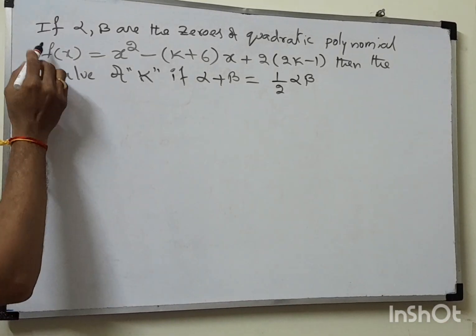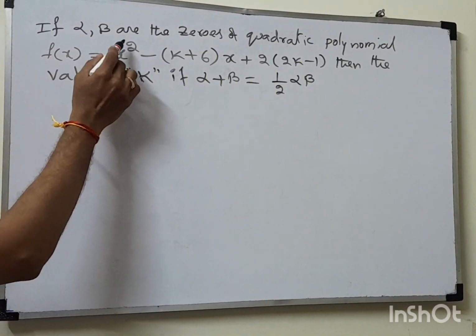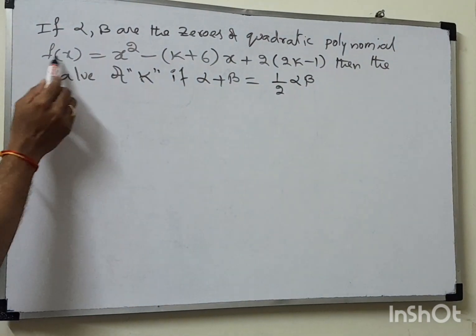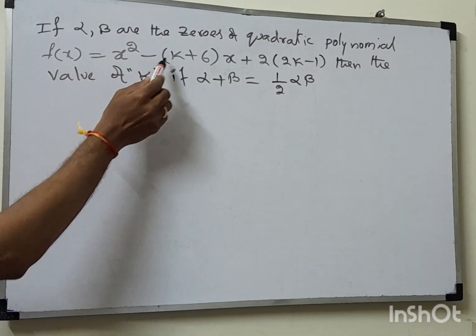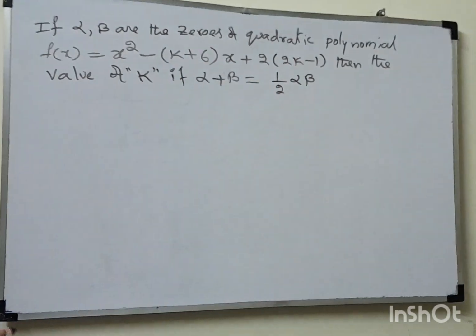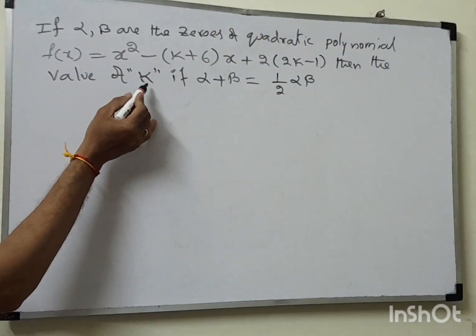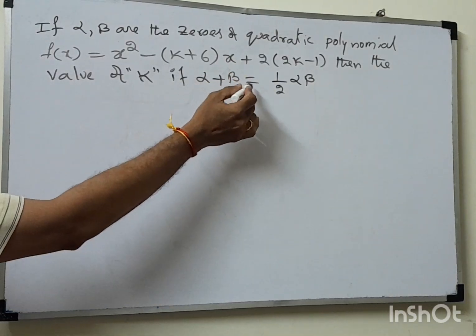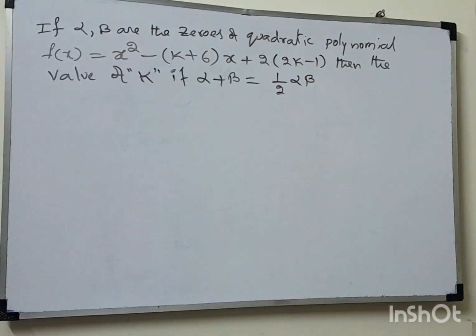The next question is, if alpha beta are the zeros of a quadratic polynomial, the polynomial is given f of x equal to x square minus k plus 6 times of x plus 2 into 2k minus 1. Then find the value of k, if this is the condition, alpha plus beta equal to 1 by 2 alpha beta.